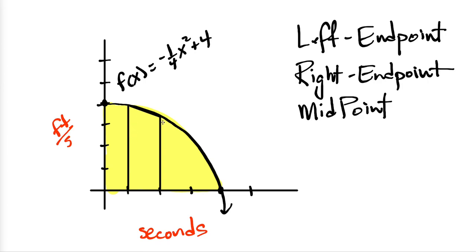The other reason this is removed is that if you estimate with the left endpoint and then with the right endpoint, and then you average those two answers, it's the exact same as the trapezoid. Both of them could find you that same answer.